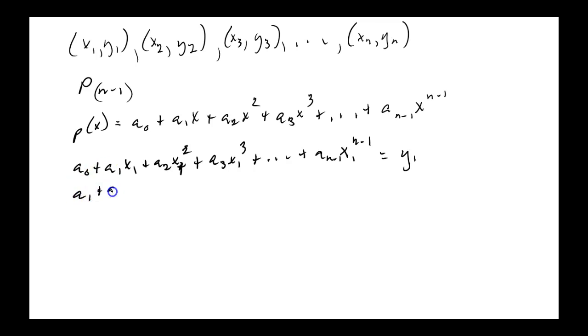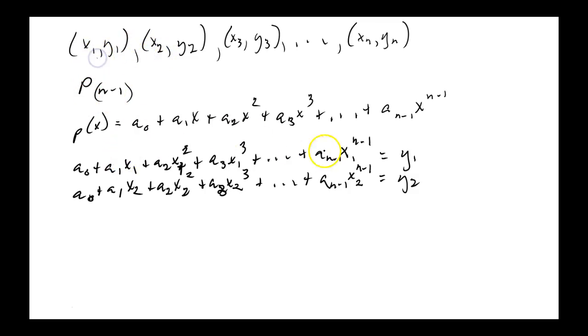a sub 0 plus a sub 1 x sub 2 plus a sub 2 x sub 2 squared plus a sub 3 x sub 2 cubed plus dot dot dot plus a sub n minus 1 x sub 2 to the n minus 1, and that's equal to y2. The first equation plugged the x1 in and got your y1.